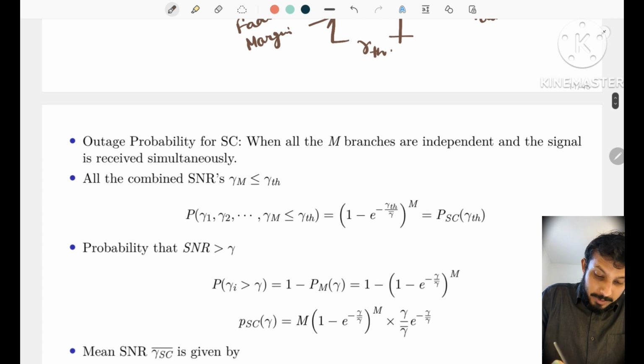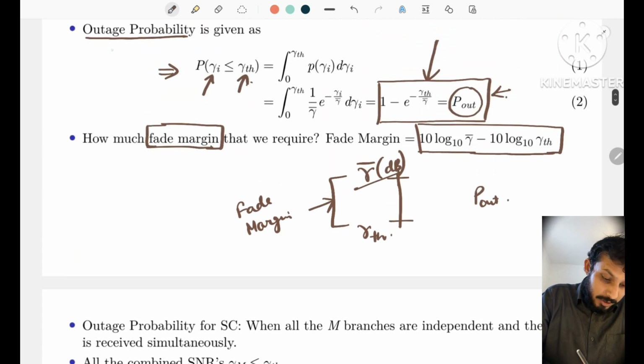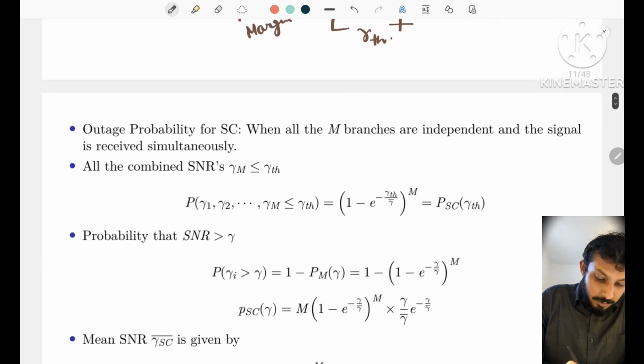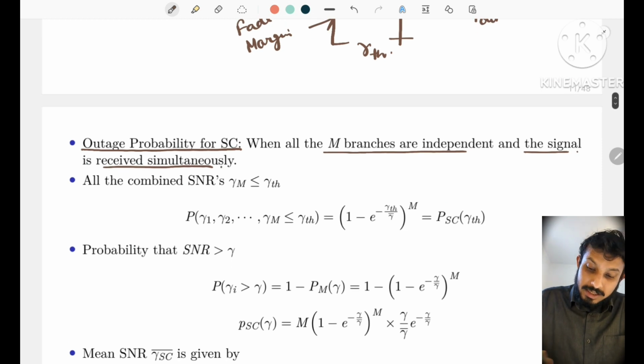Now, this was the outage probability corresponding to the single branch. If we want to compute the outage probability for the selection combining technique, where all the M antennas are independent and the signal is received simultaneously, because this is the case where we have said that all the antennas at the receiver are uncorrelated.